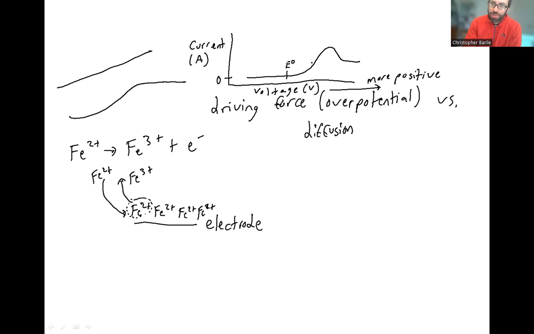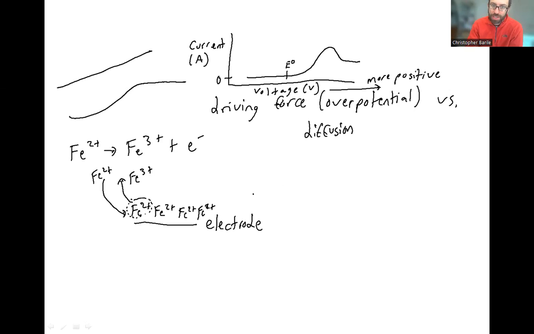As we go to more and more driving force, more and more overpotential, more and more positive voltage, we are doing this process faster, at least the conversion step, the electrochemical step. The step of iron 3 going away and iron 2 coming in is a diffusion-controlled process. That's just diffusion of ions out because there's a concentration gradient, or diffusion of ions in. So that part stays the same.